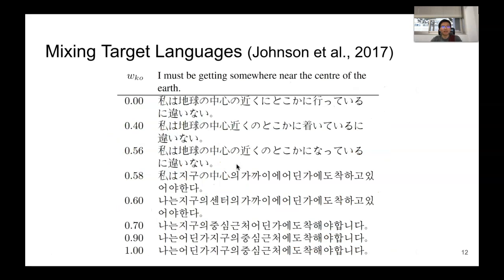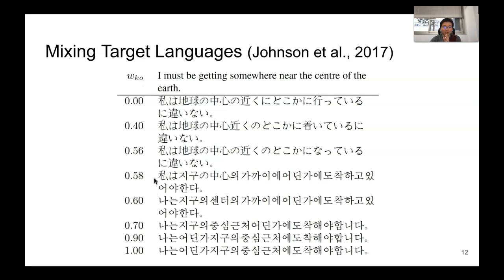And they also did another very interesting experiment called mixing target languages. Here they did a linear combination to weight the embeddings of the Korean and Japanese languages.